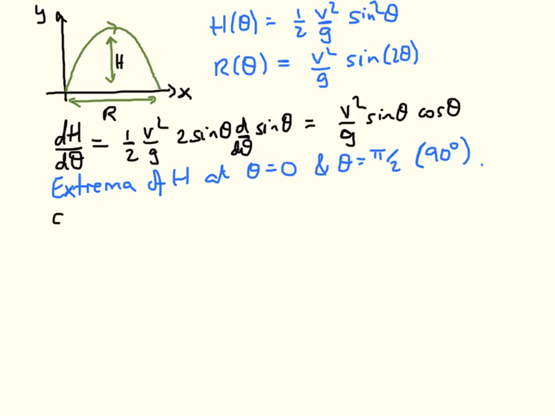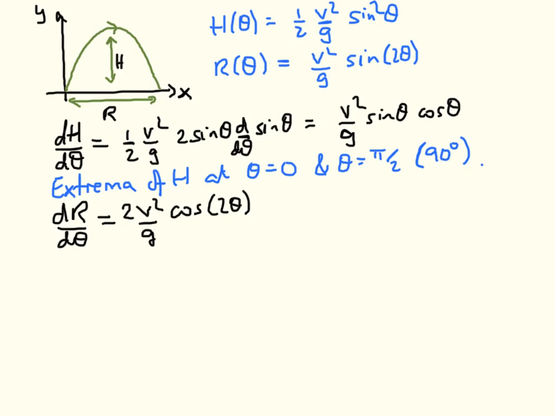So in the same way, the derivative of the range with respect to theta is v squared over g, which is a constant as far as theta is concerned. The derivative of sine is the cosine of 2 theta times the derivative of 2 theta with respect to theta, which gives us a 2. So I can just put the 2 in front and we get the cosine of 2 theta.